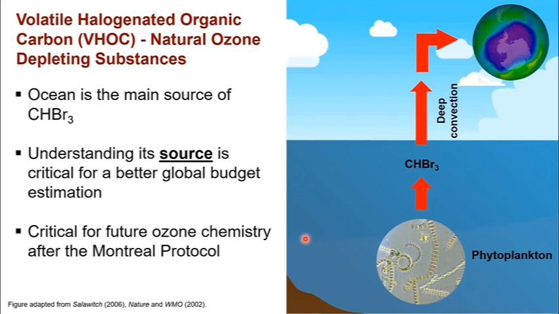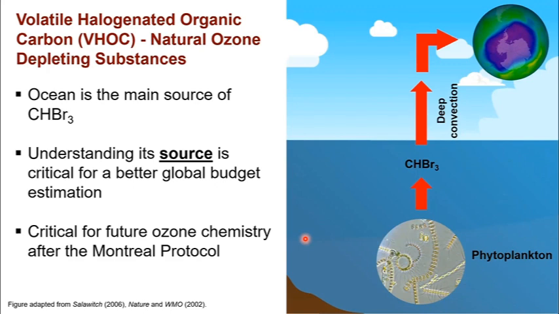Because anthropogenic ozone-depleting substances are being phased out, it is now important to understand, in the future climate, what natural variability means for atmospheric chemistry. Bromoform, CHBr3, is what we call a very short-lived halogenated organic compound, unlike methyl bromide.